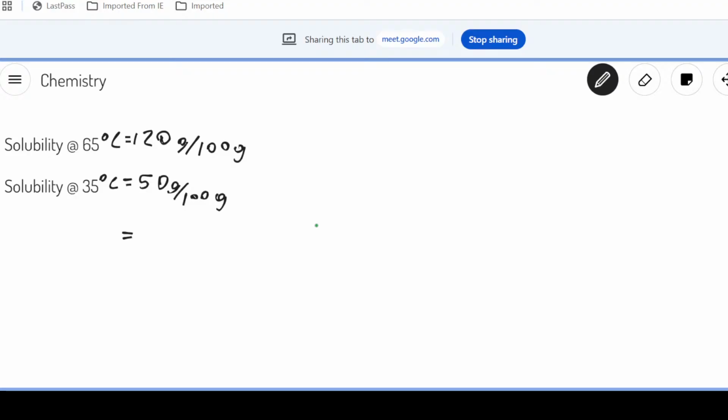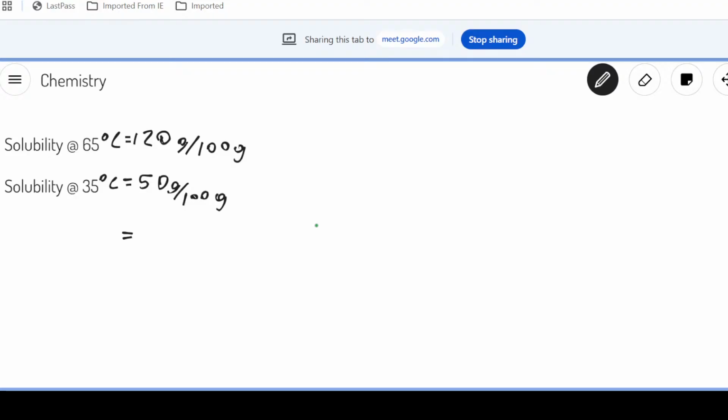Remember, look at the solubility value. You said it was 50. It wasn't just 50, there's a reason: it's 50 grams per 100 grams of water.